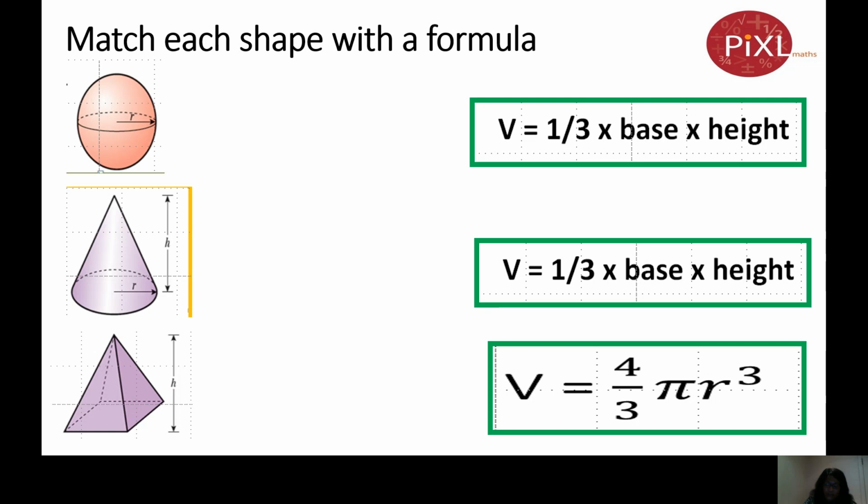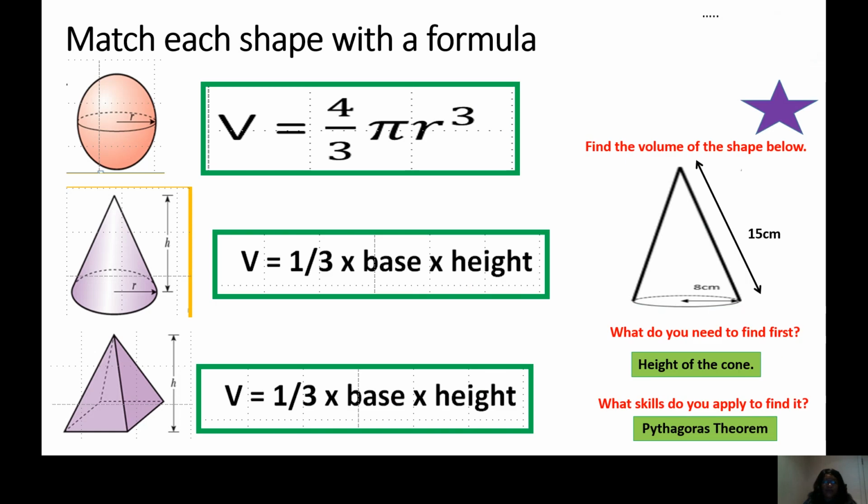Okay, you should have been able to match the formula with the shape, and we should get something like this.